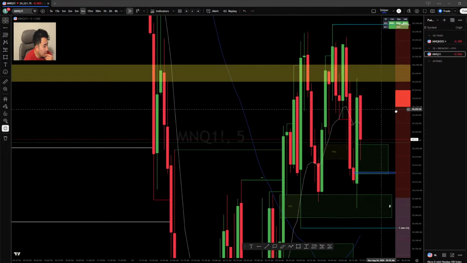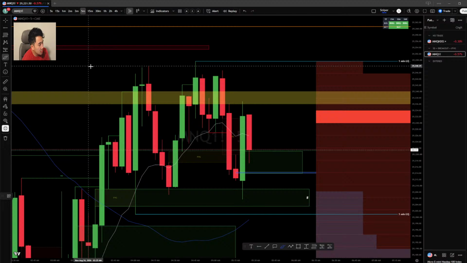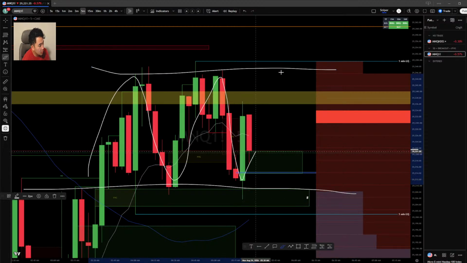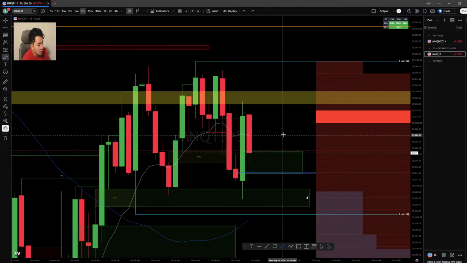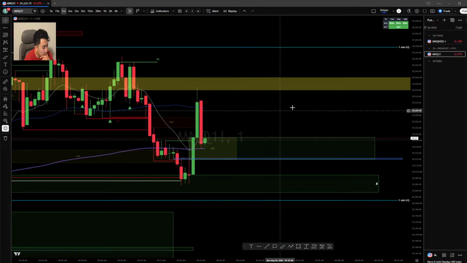Now on the 5-minute, price is ranging in between these two, this high and then over here. So ranging in between here. Possibly catch it, see if there's a setup that happens. You can still catch a setup that happens in between the range.